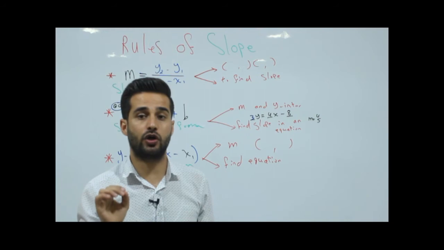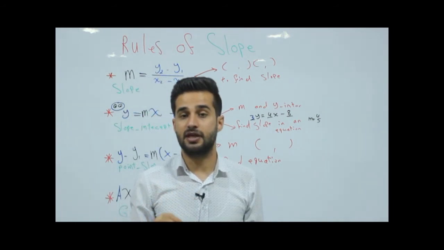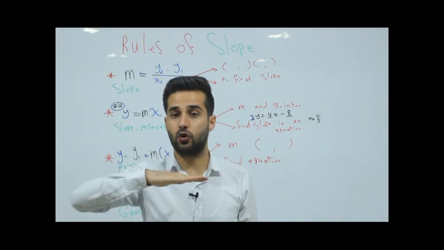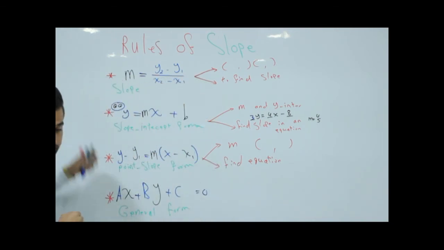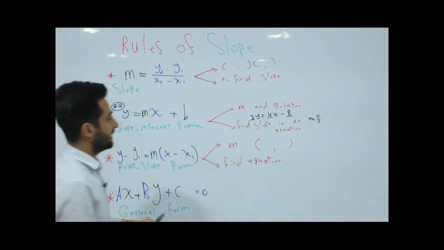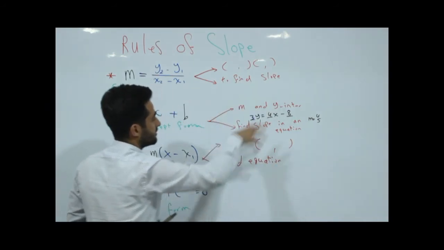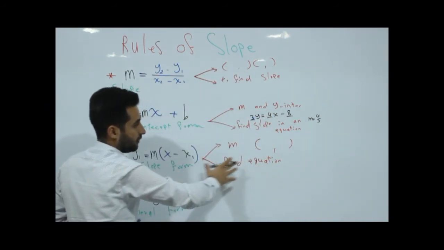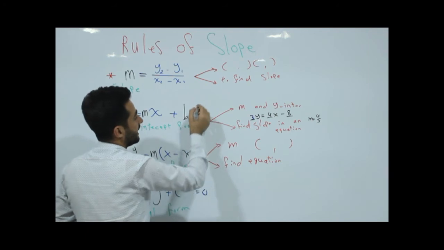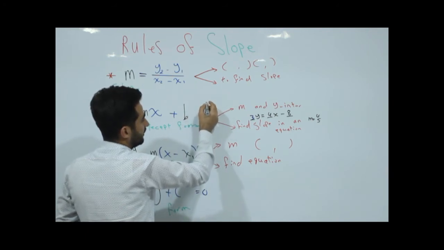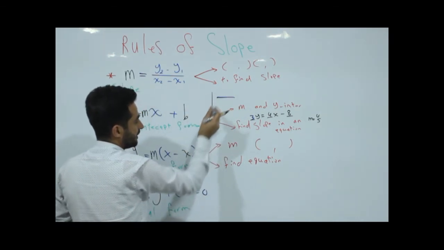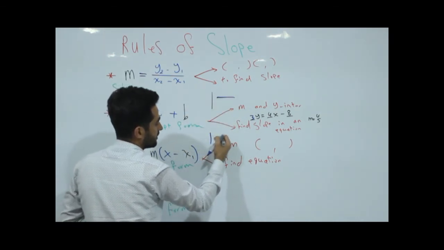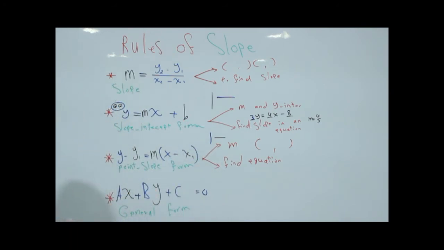The problems are these. Sometimes if we have a vertical or horizontal line, we can't use those two. If we have a vertical line, we can't use those kinds of rules or forms, except for vertical and horizontal lines.